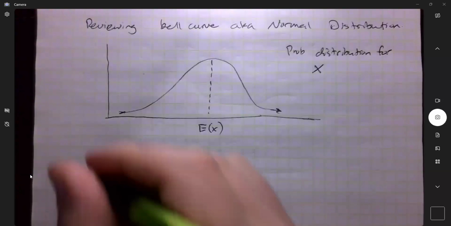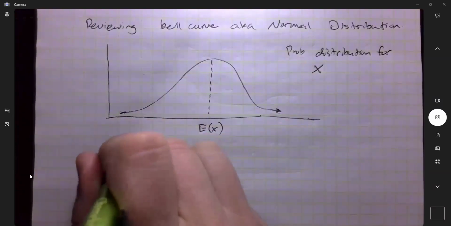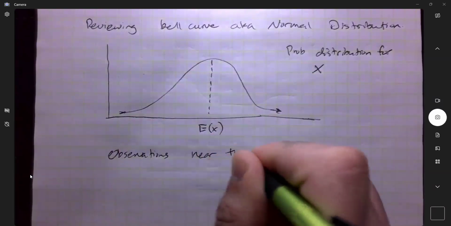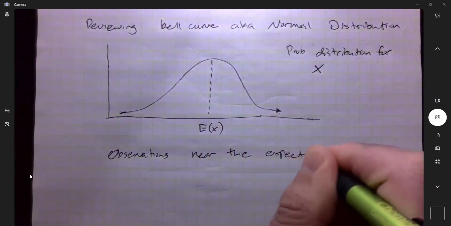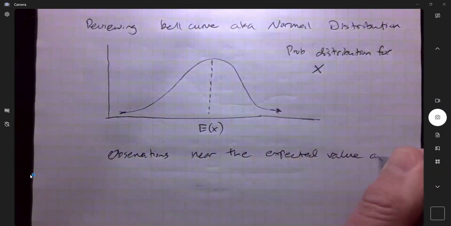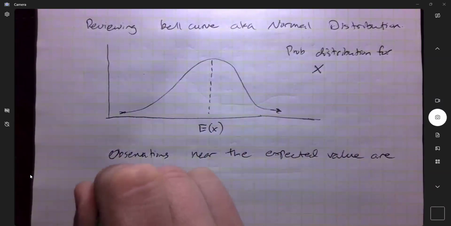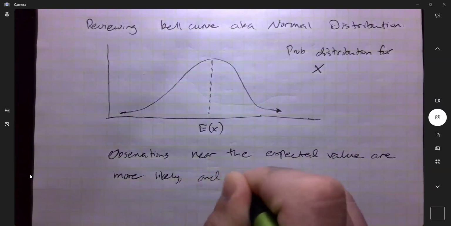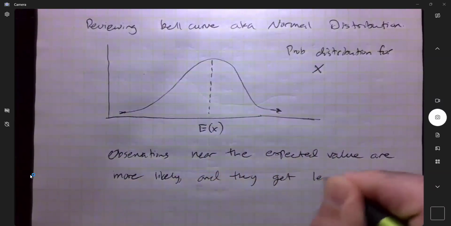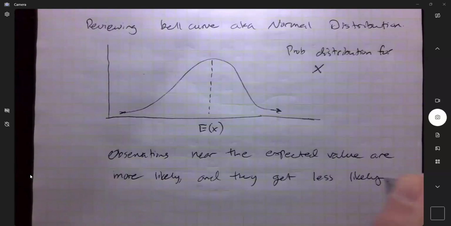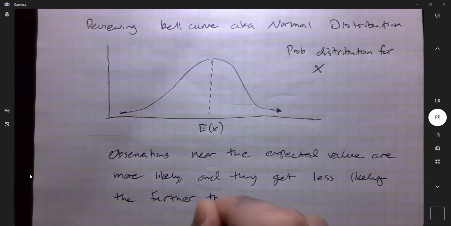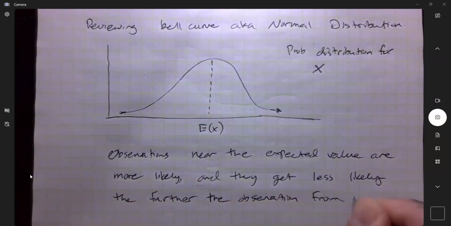So one thing I want you to notice about this bell curve is that observations near the expected value are more likely, and they get less and less likely the farther the observation is from the expected value.